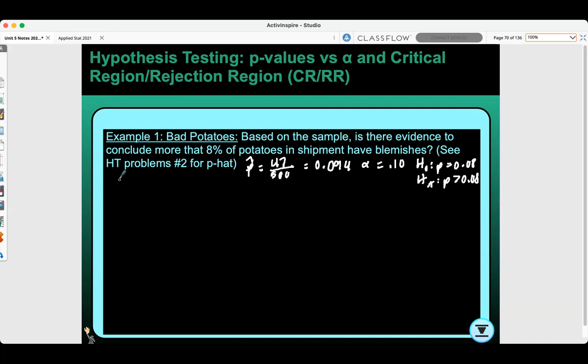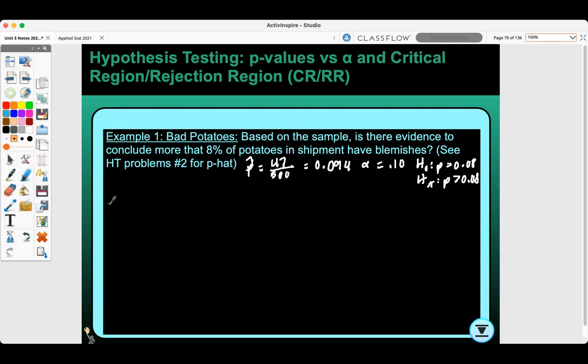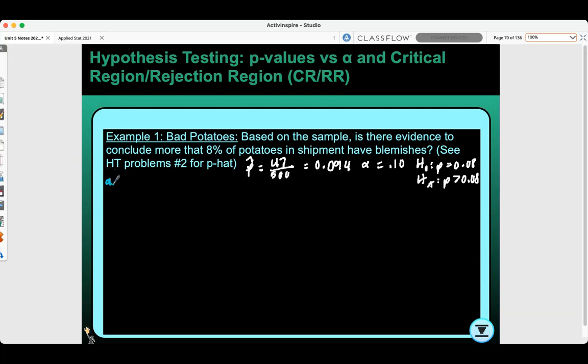So let's go ahead and go through A, examples using p-value versus alpha to make our decision. Looking back at our example before, we got a z-value of 1.15. We had a p-value of 0.124. Our significance level, like we stated, was 0.10.